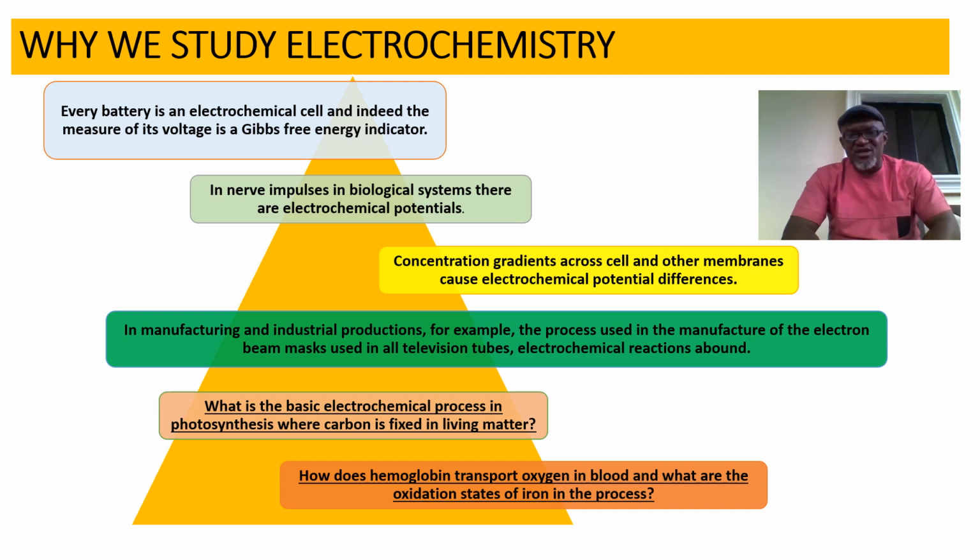Now, all these things we are looking at, why do we even study electrochemistry? Look at the batteries we have. Every battery is an electrochemical cell, and indeed, a measure of its voltage is a Gibbs free energy indicator. Batteries, our watch batteries, phone batteries, torch batteries, there are different kinds of electrochemical cells.